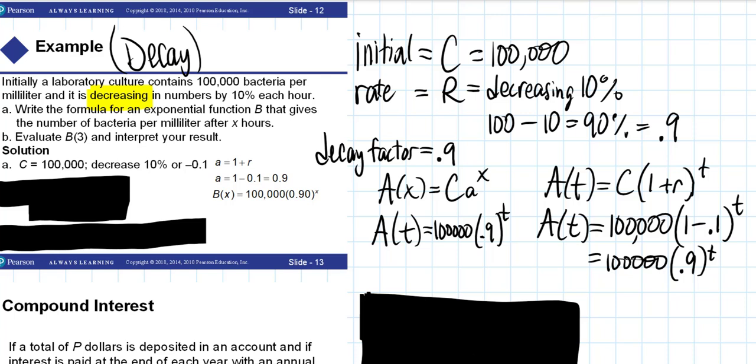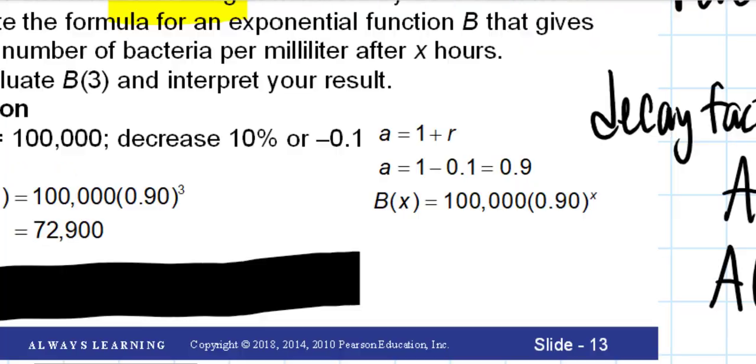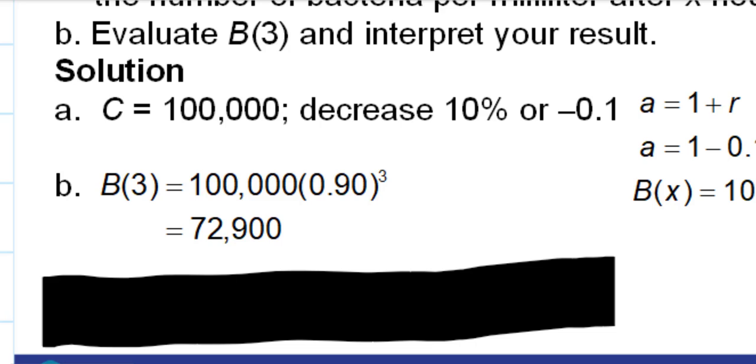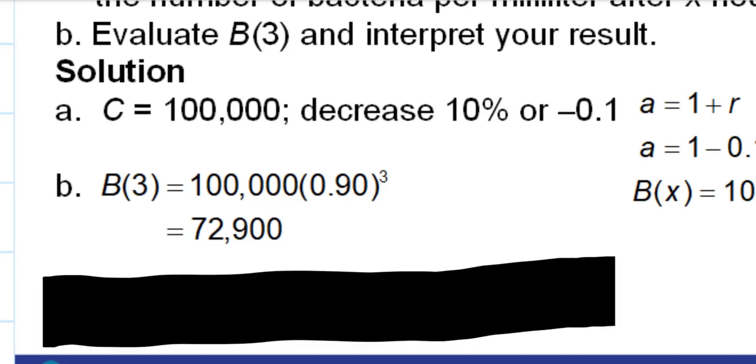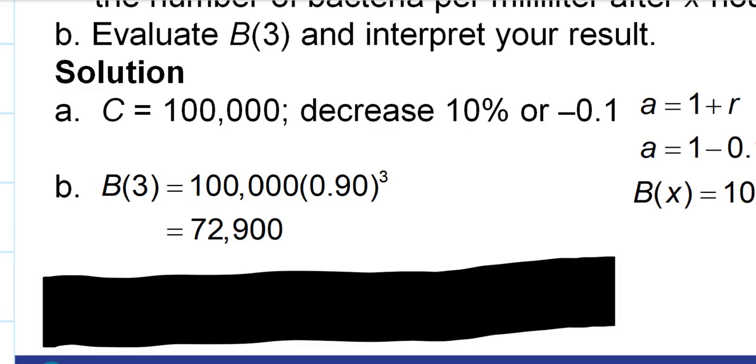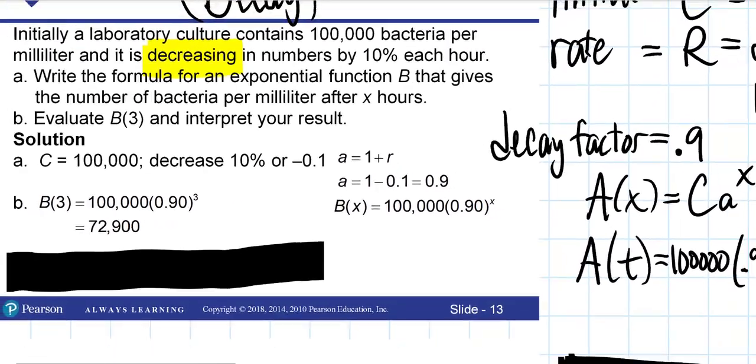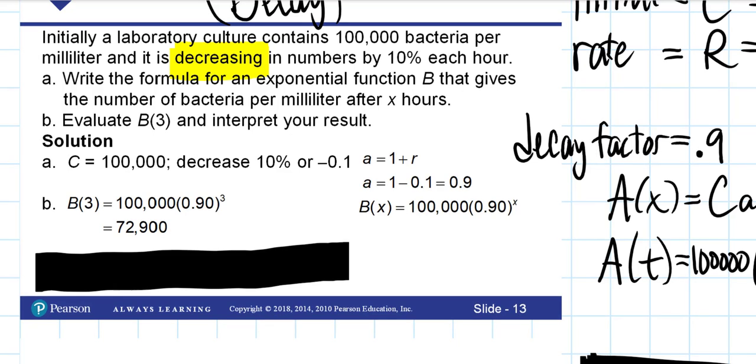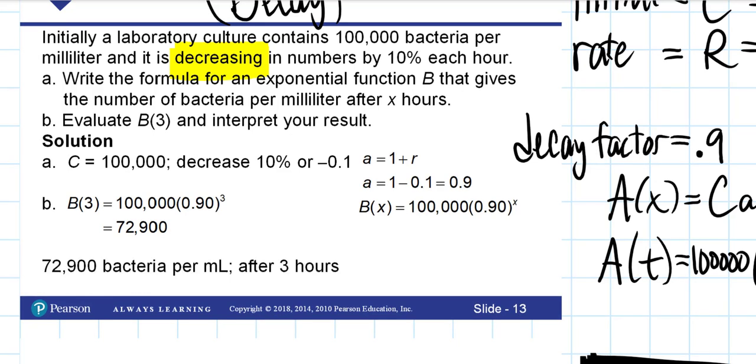Then part B says evaluate B of 3 and interpret your result. So they plugged in 3 to the function. So you can see the 3 there as the exponent. And just simplified it. You're going to need a calculator for that. You can't do that by hand. And they got their value, and it says to interpret it. That means to think about how it works in the context of the problem.